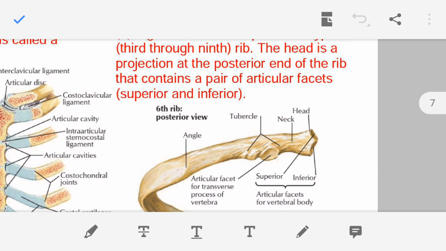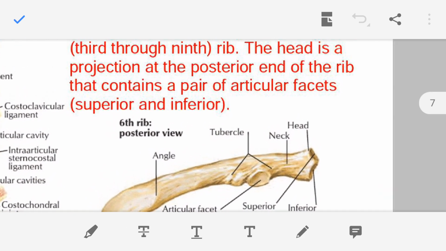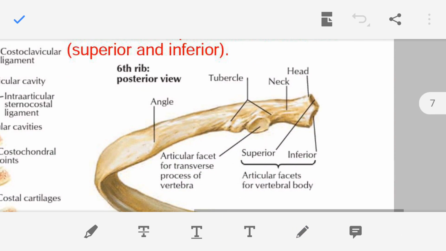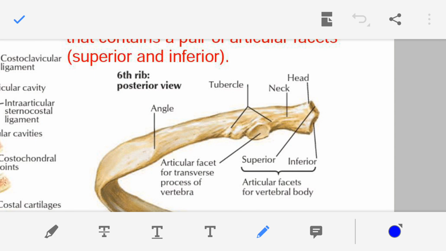Okay, now this head contains two articular facets. For example, this part is the head, and as you can see here, there is a depression or groove.